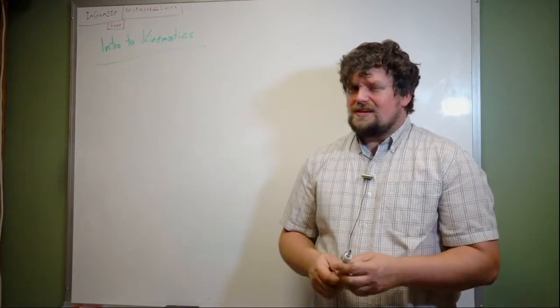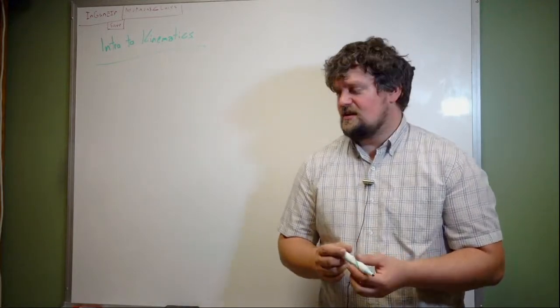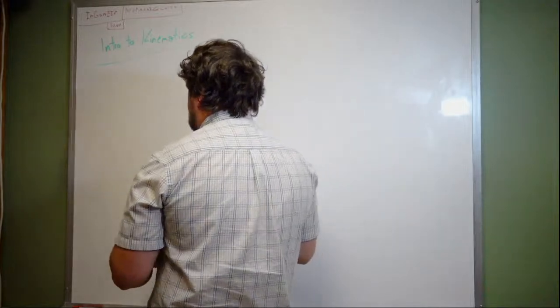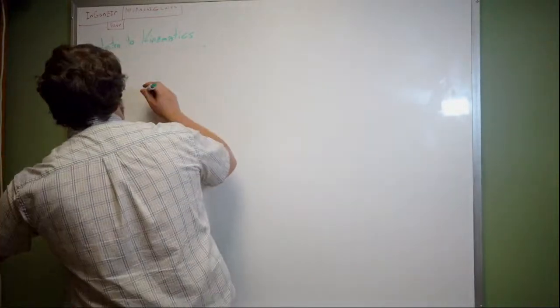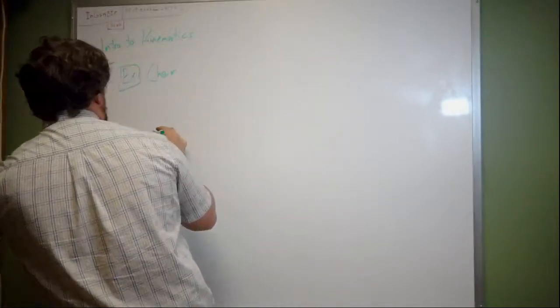In the real world, it gets a little bit more complicated because let's say I'm going to be modeling a chair. For this example, it's going to be a chair much like the ones that we have in our classroom.